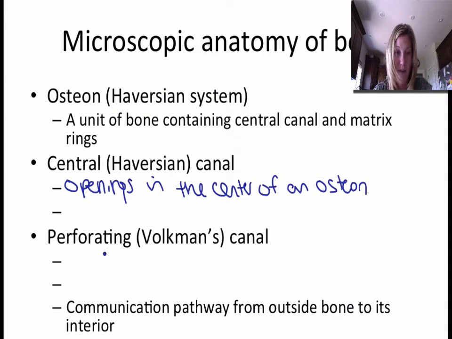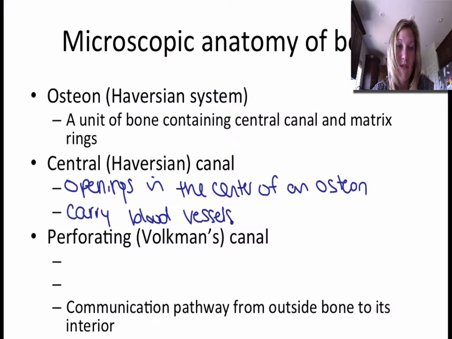In addition, they're going to carry blood vessels and nerves as well. And then the perforating or the Volkmann's canal, these are going to be perpendicular to the central canal.